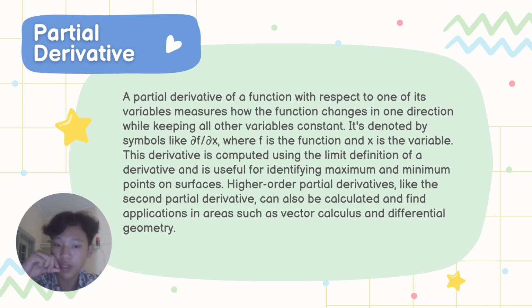This derivative is computed using the limit definition of the derivative and is useful for identifying maximum and minimum points on the surface. Higher order partial derivatives, like the second partial derivative, can also be calculated and find application in areas such as vector calculus and differential geometry.